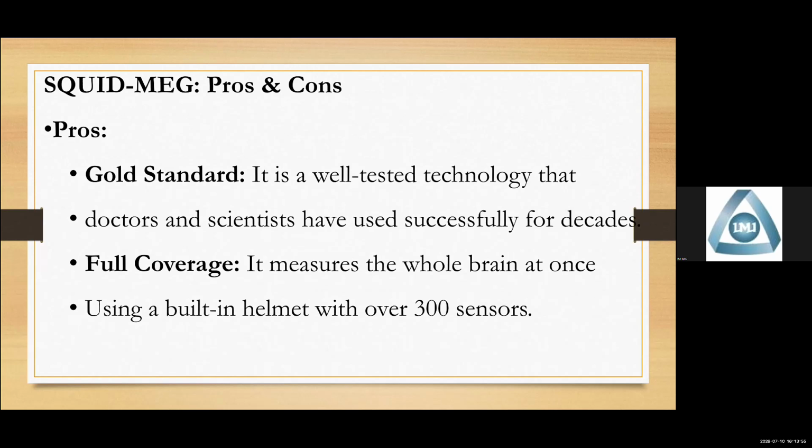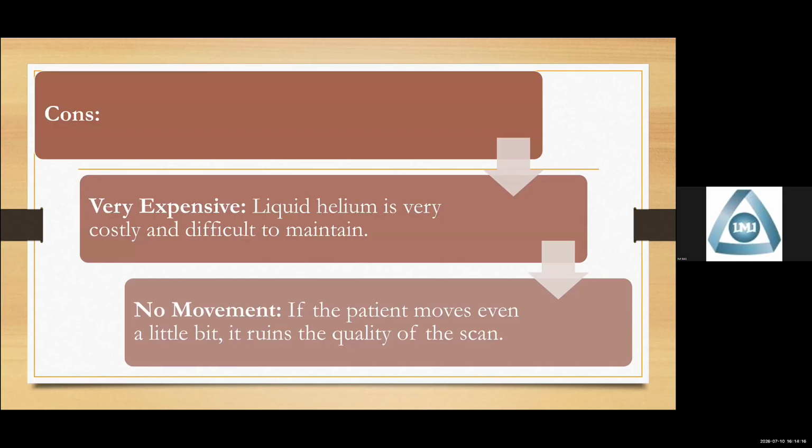Pros for this SQUID MEG: it is a well-tested technology that doctors and scientists have used successfully for decades. It measures the whole brain at once using a built-in helmet with over 300 sensors. Cons: it's very expensive.